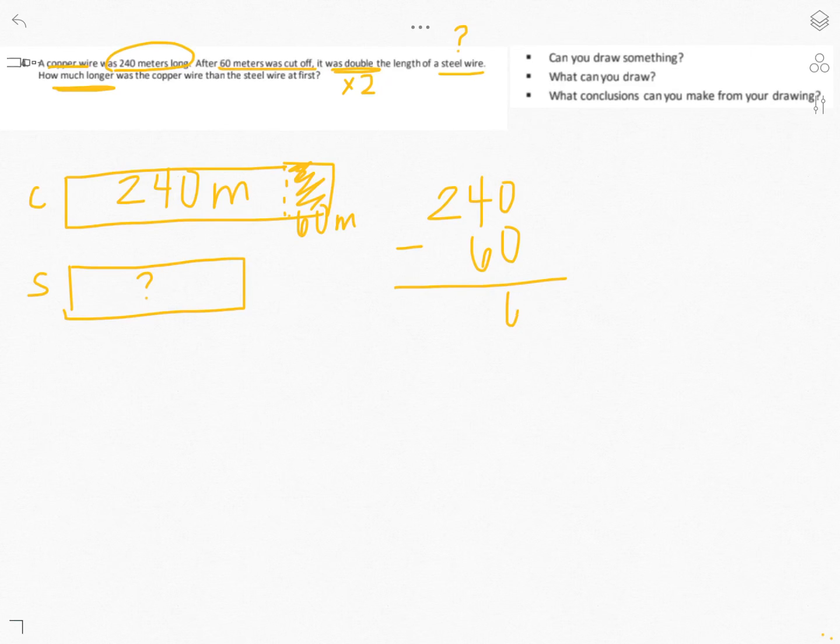So 0 minus 0, I know is 0. 4 minus 6, I can't do that, so I've got to borrow. My 2 becomes a 1. I bring over 10, so my 4 now becomes a 14. I have 14 minus 6, which is 8. And 1 minus my invisible 0 here, which is 1.